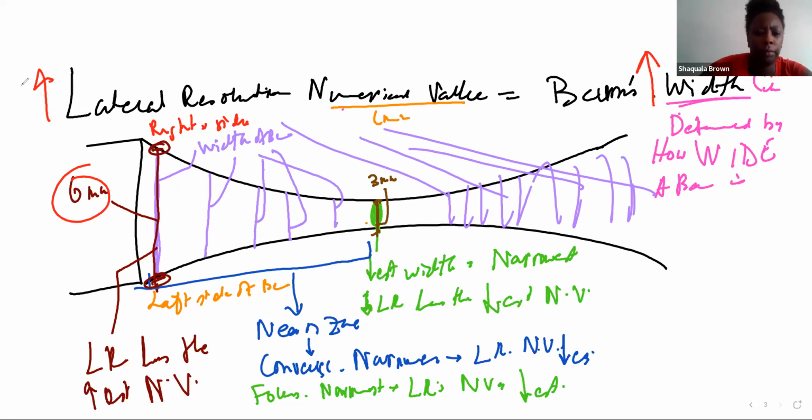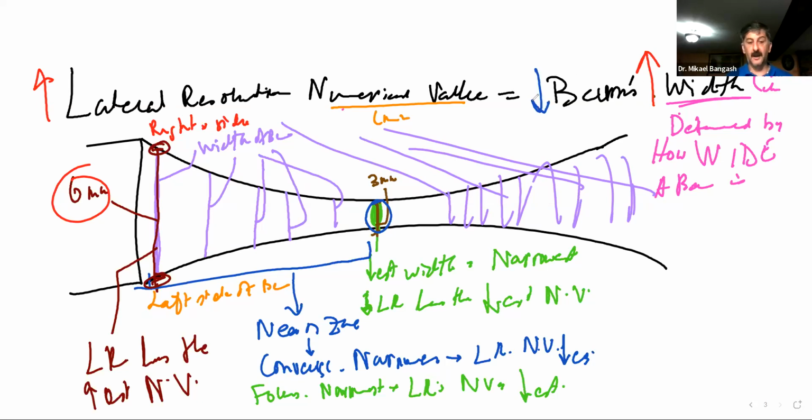Good. Here the beam is narrower, or the beam has a lesser width, which means the lateral resolution's numerical value is going to be less.